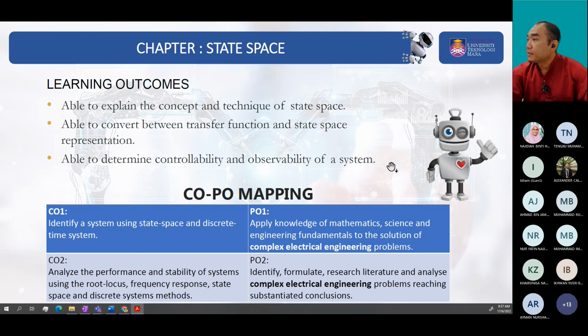All right. Okay. In terms of course outcome and the program outcomes mapping, these are the statements of the course outcomes that have been highlighted by your instructor, and I believe most of you are already familiarized with these course outcomes and the program outcomes.